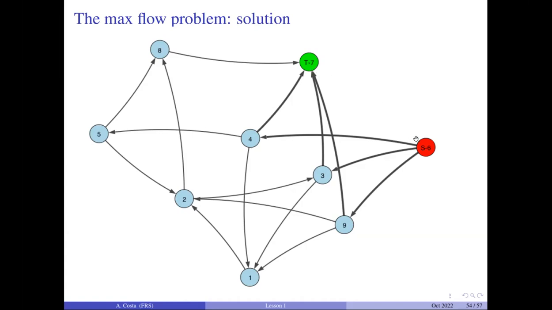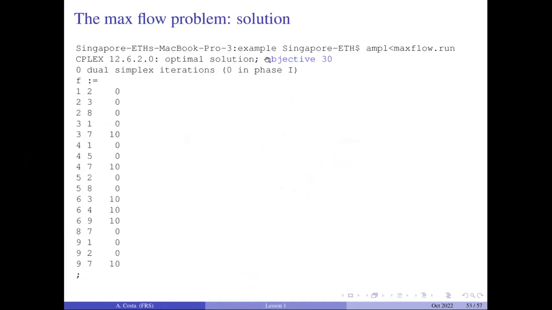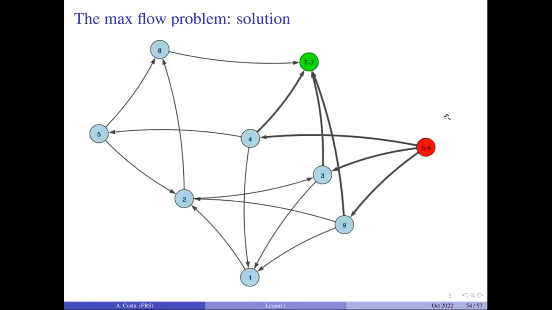In other words, you have 10 units going from S to 4 and then reaching the terminal, 10 units going to 3 and then reaching the terminal, and 10 units going to 9 and reaching the terminal, for a total of 30. So it's correct that Simplex is telling us that the objective function is 30. The max flow, the amount of flow going from the red to the green node, is 30. And here you see how this flow is flowing.